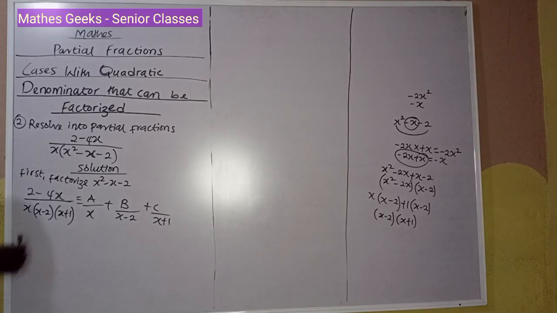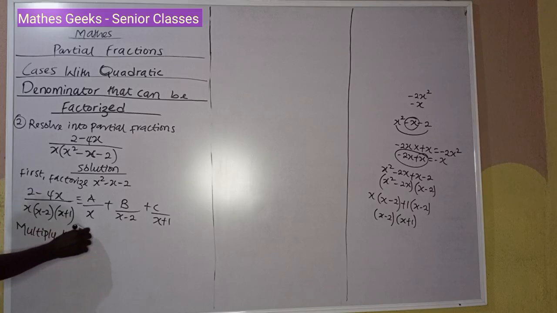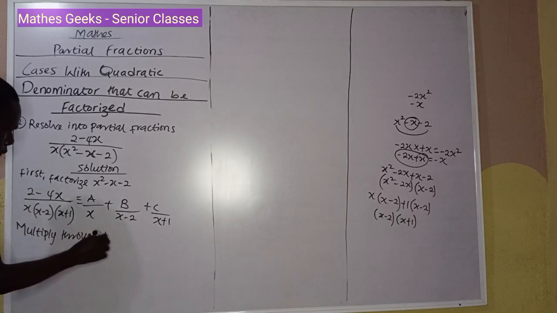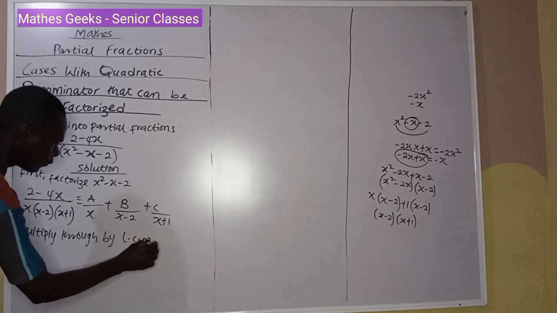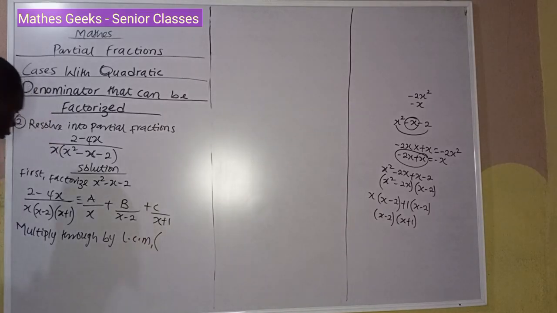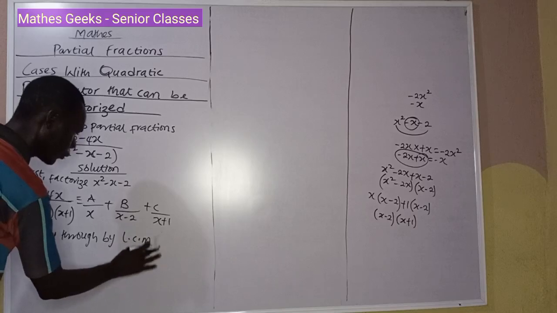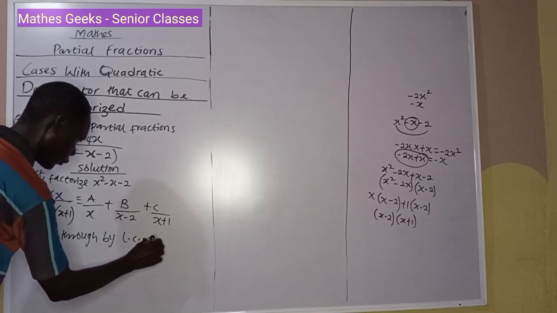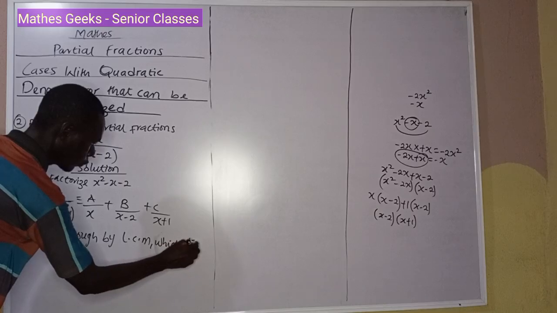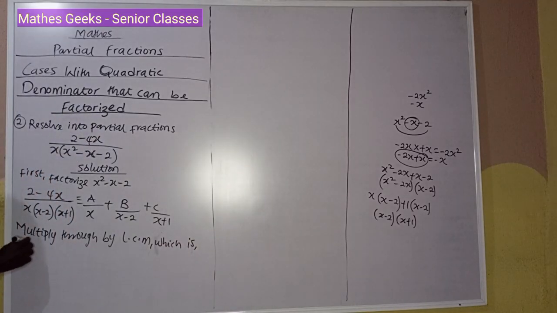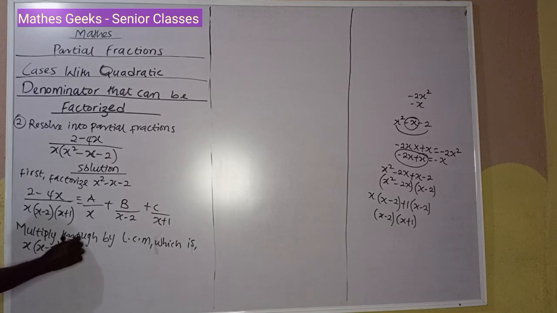The next thing is to multiply through by the LCM, which is x minus 2, x plus 1.